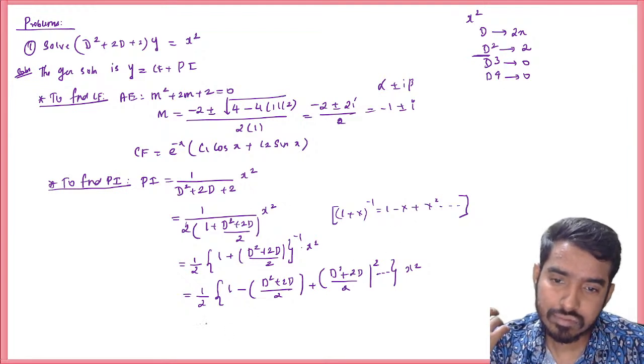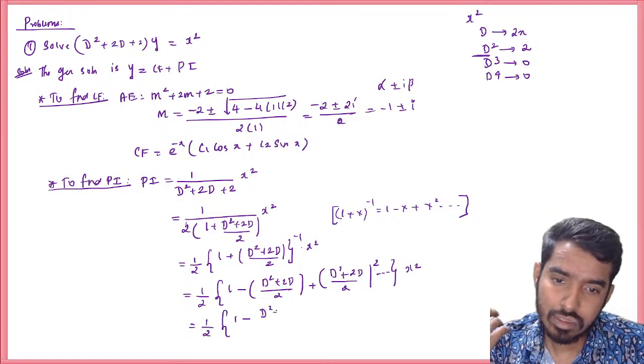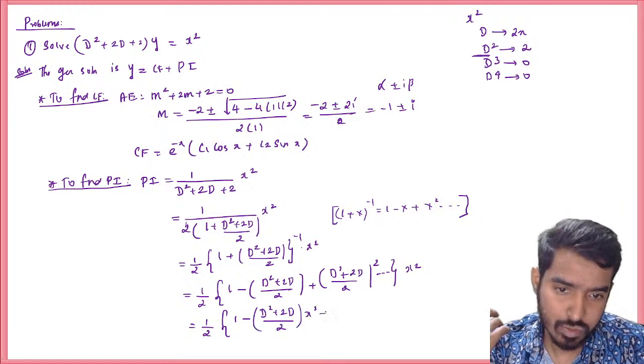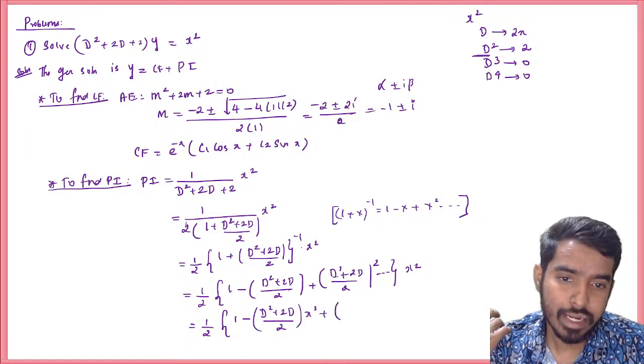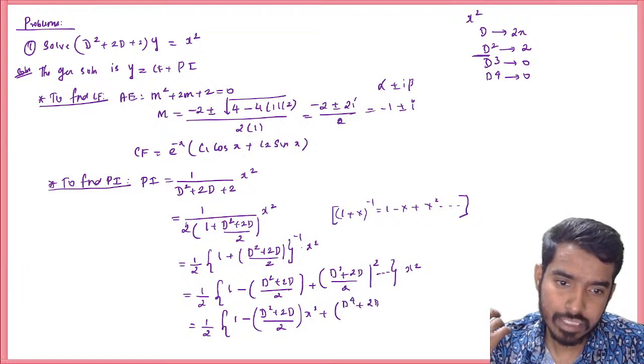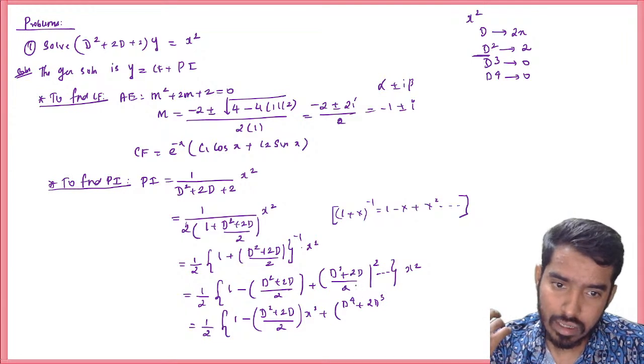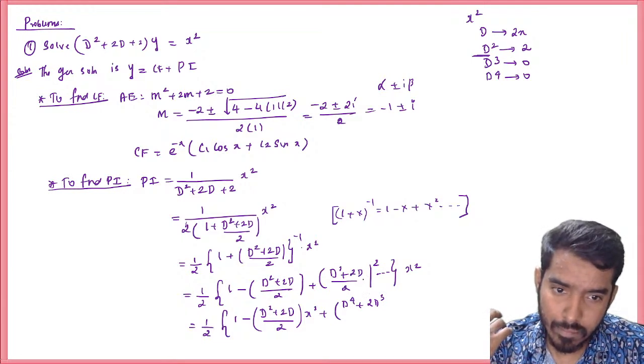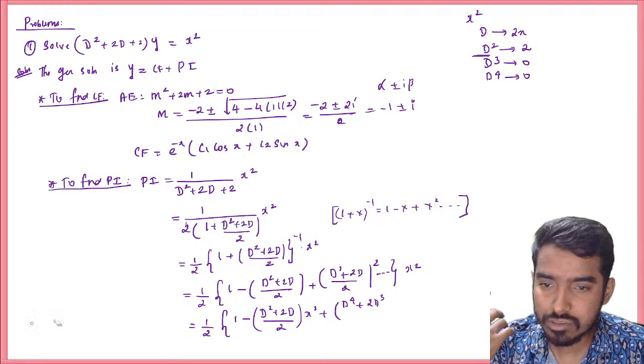So this is 1 by 2, (1 minus d square plus 2d) by 2 of x square. And here if I expand, using the (a plus b) whole square formula, a square plus 2ab plus b square, right?